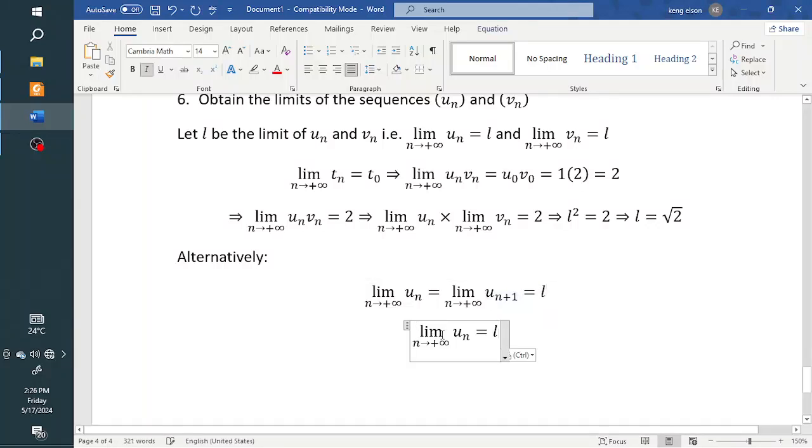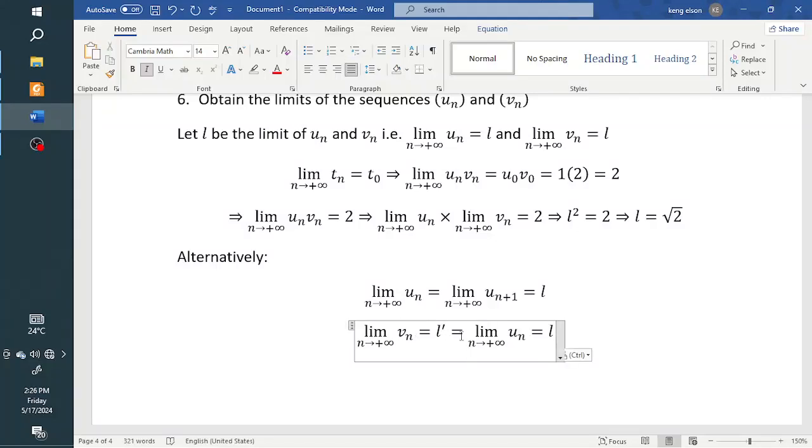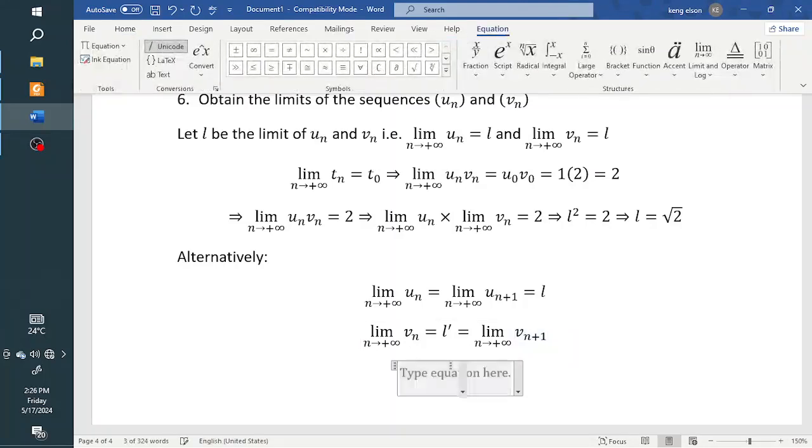Now let's call the limit of vn something else. Let's say the limit of vn is L prime. This is also equal to the limit of vn plus 1, because they converge.